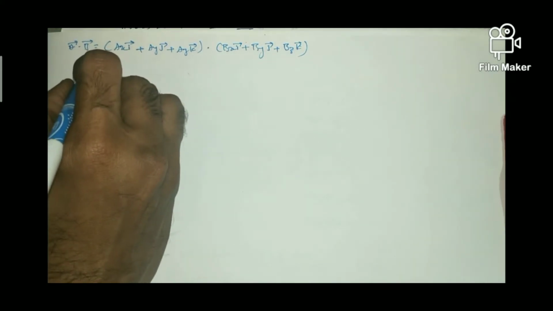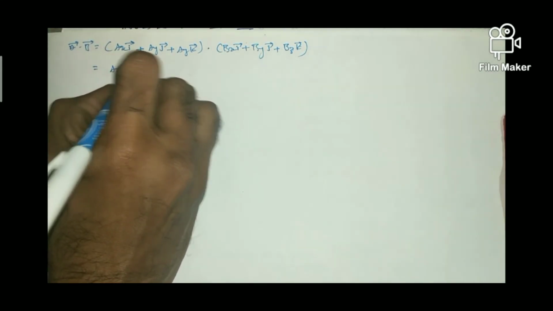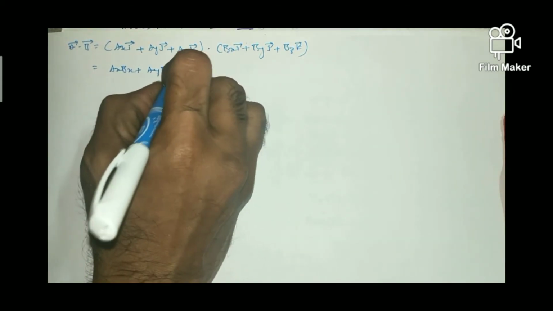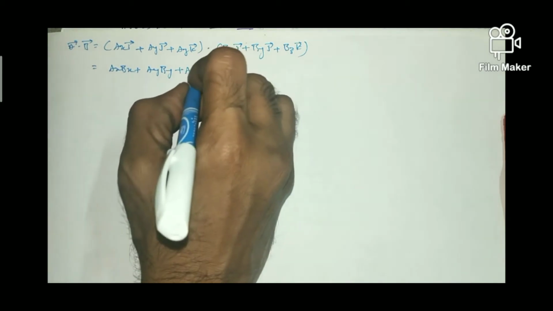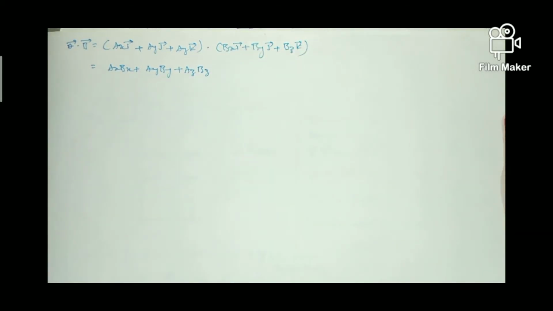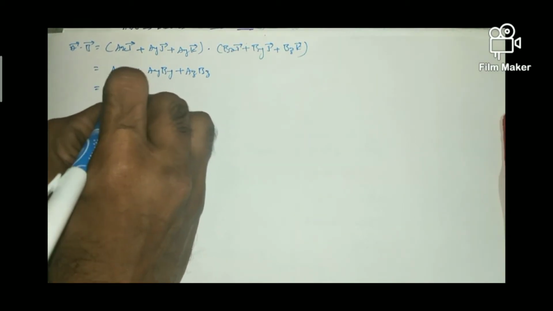And we know in dot product we will have the magnitudes only for the similar unit vectors, that is i bar dot i bar, j bar dot j bar, and k bar dot k bar. Hence we get the value as ax bx plus ay by plus az bz.